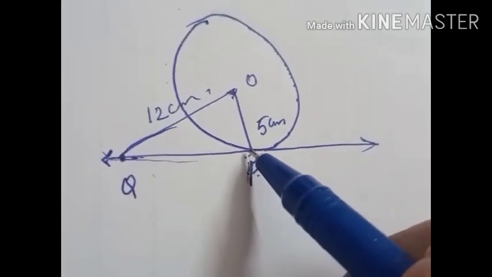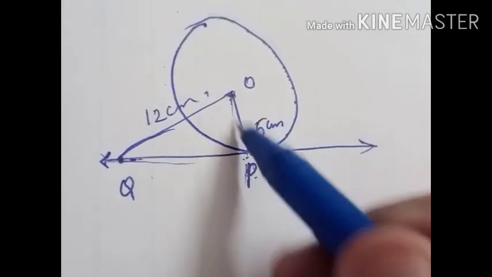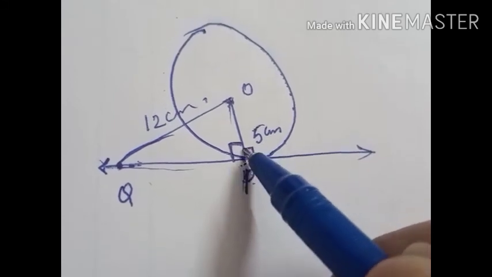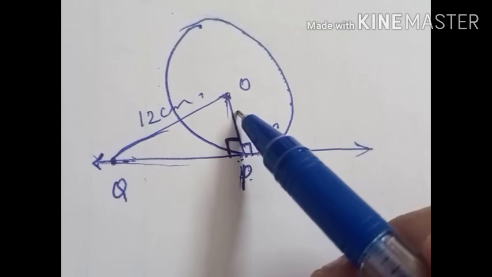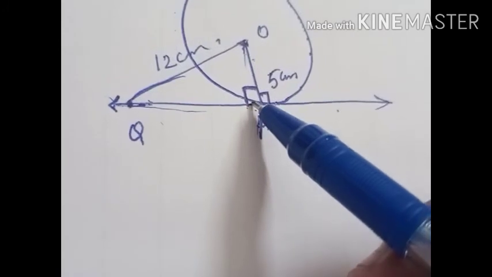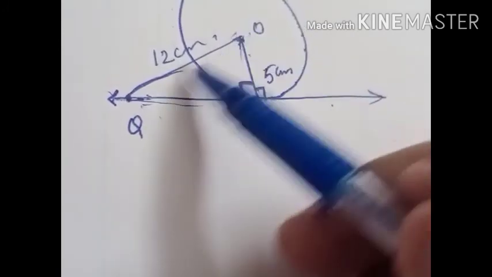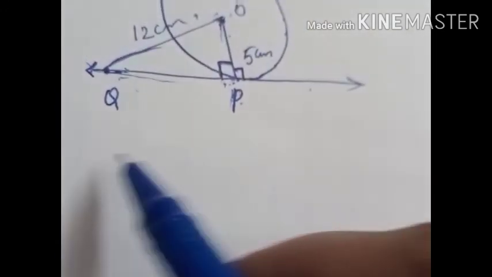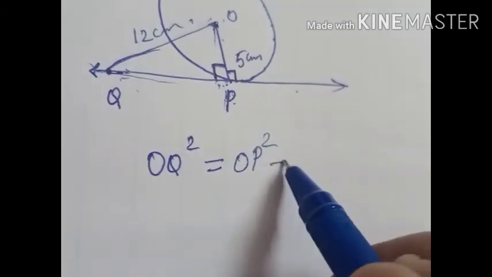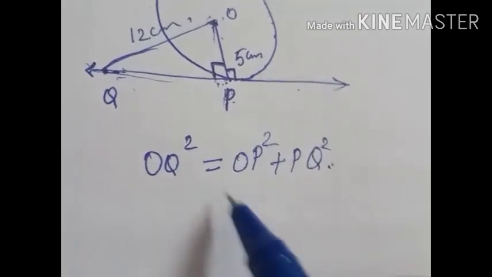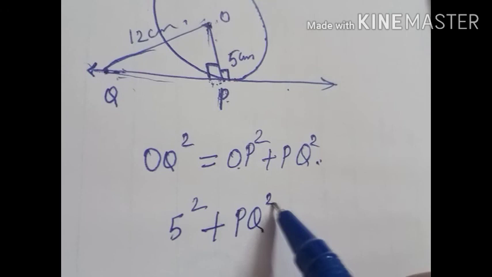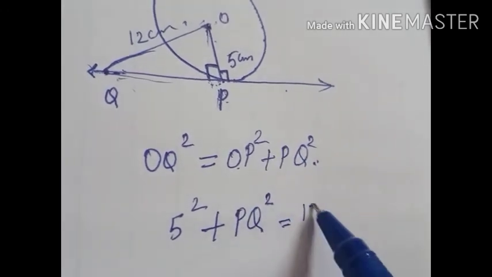We already know that the radius at the point of contact is at right angle to the tangent, so this angle is a right angle. From theorem 1, the tangent is perpendicular to the radius. So OPQ is a right angled triangle. By the Pythagoras theorem, OQ square equals OP square plus PQ square. So 5 square plus PQ square equals 12 square.